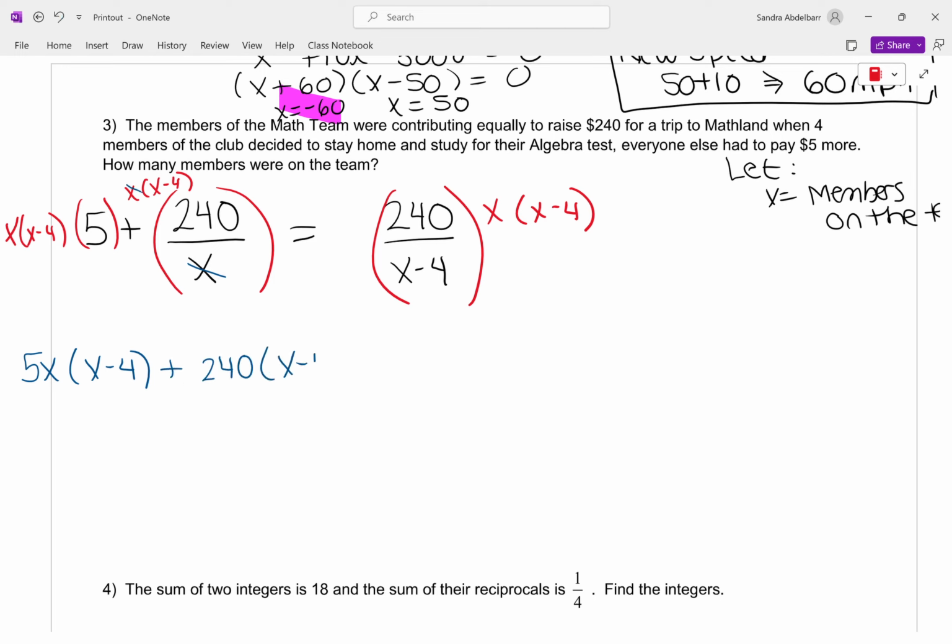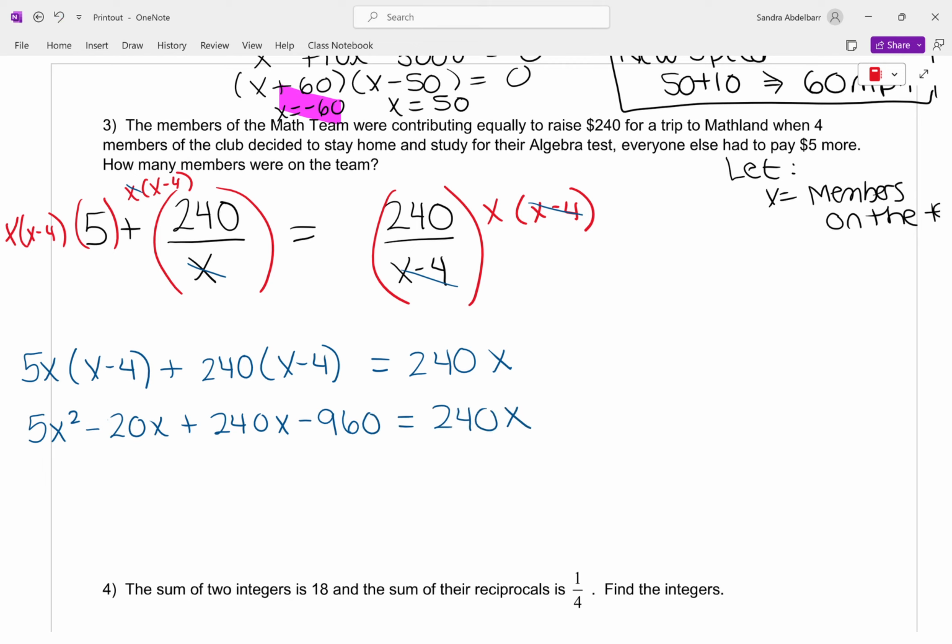Then the x's cancel, so we're going to have 240 times the quantity of x minus 4 equals, here the x minus 4 is canceled, so we just have 240x. We're going to distribute in that 5x, so we have 5x squared minus 20x plus 240x minus 960 equals 240x.